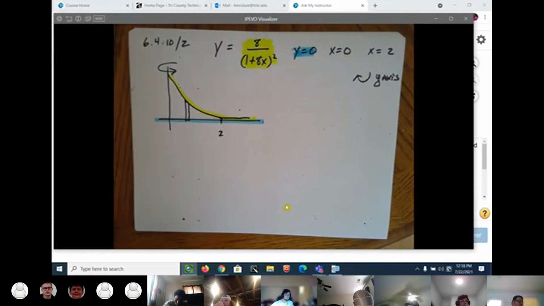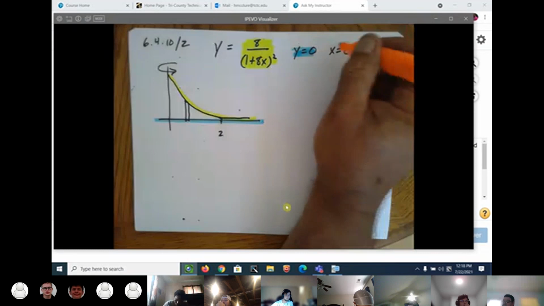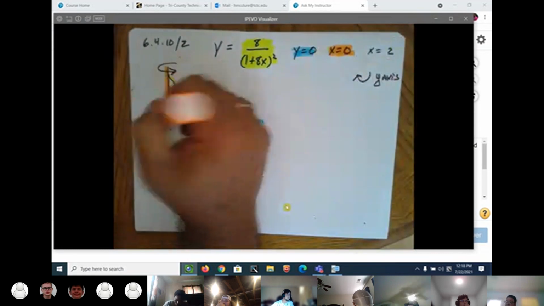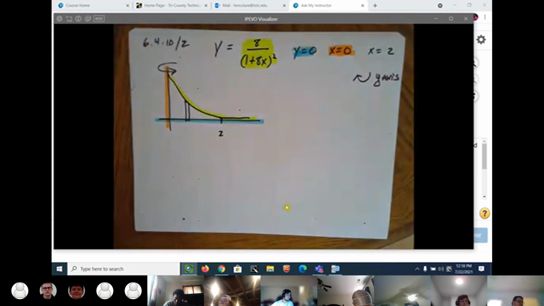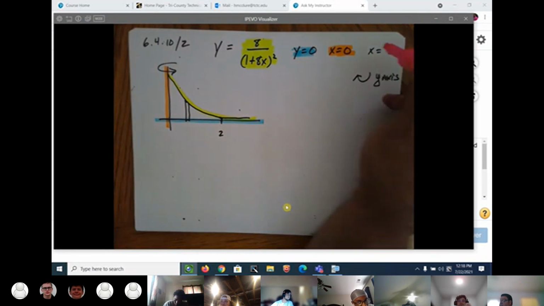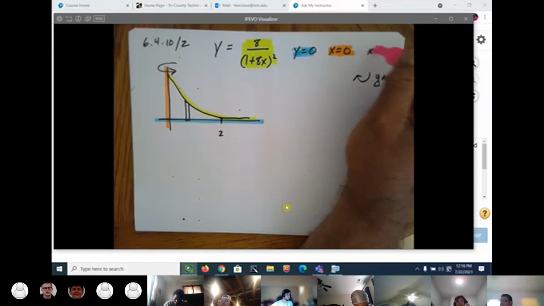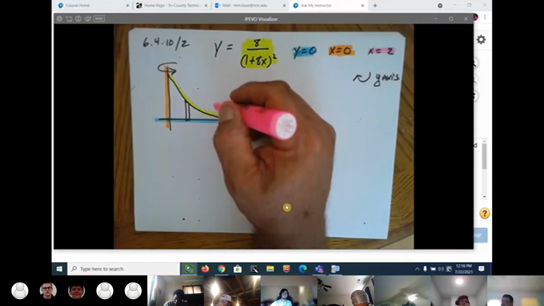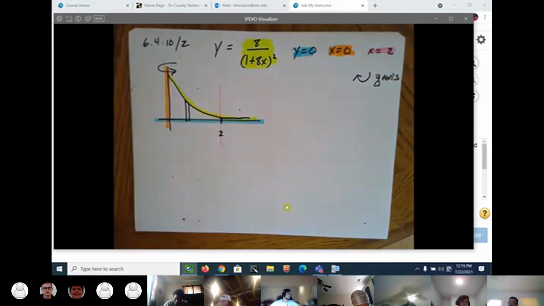X is equal to 0 is the y-axis. And x is equal to 2 is right here. So there is the region that they're wanting you to get.